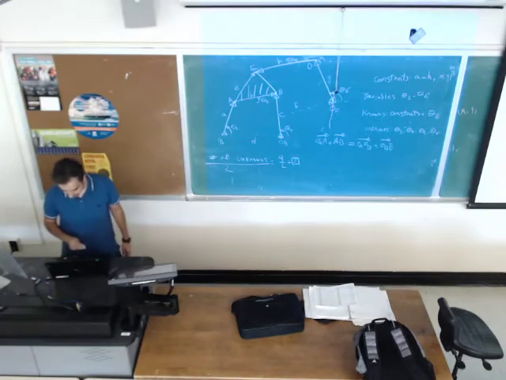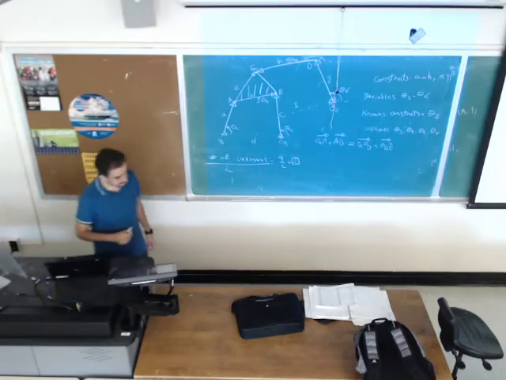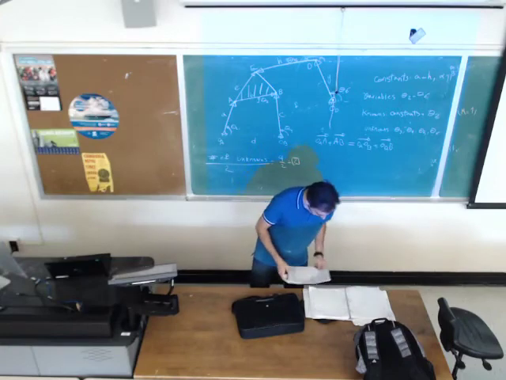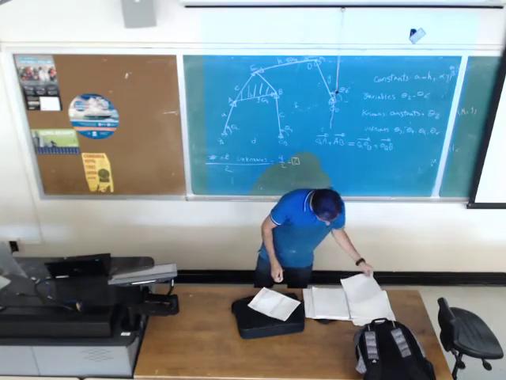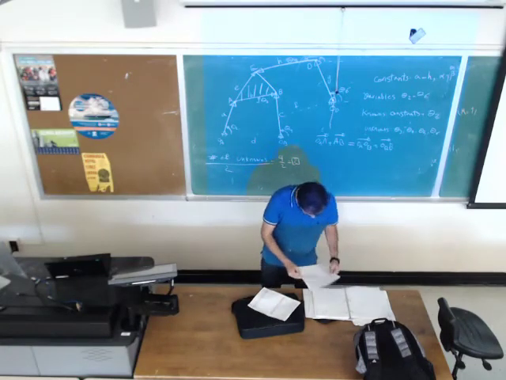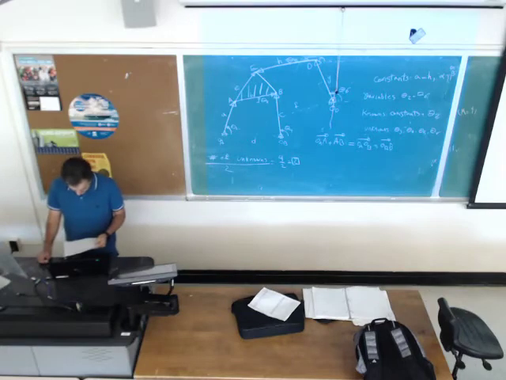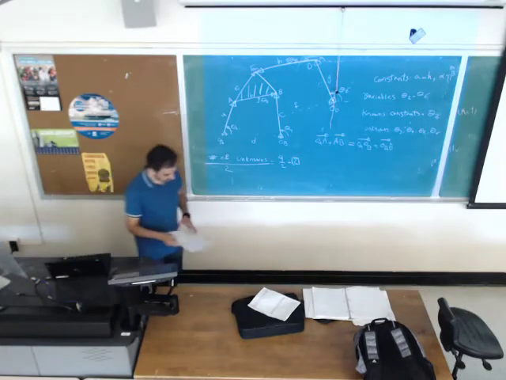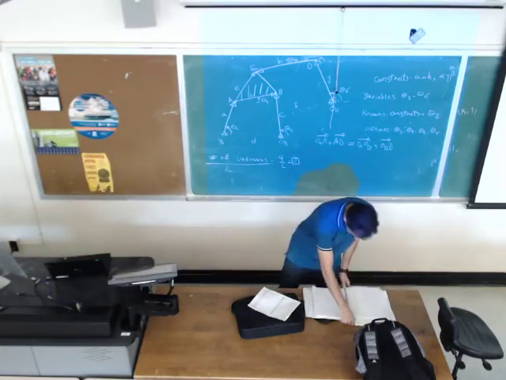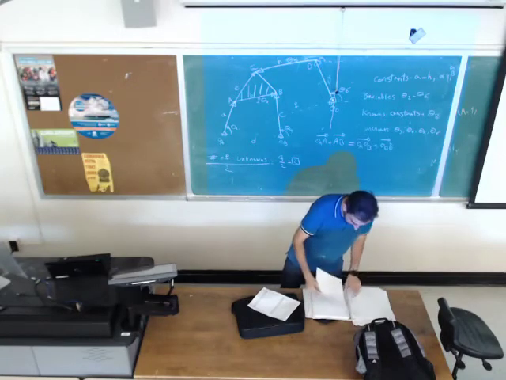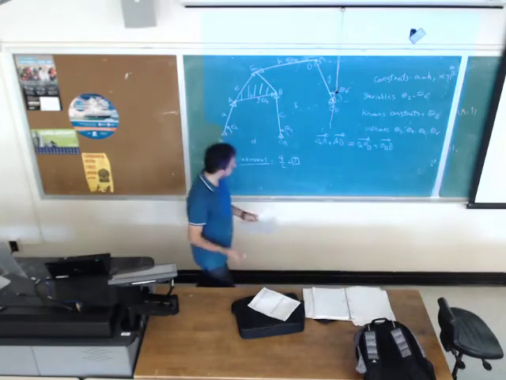Okay, and now I'm looking at the second loop. First, I'm writing the vector loop equation for it. I'm done with loop 1. Loop 2 starts from OA.